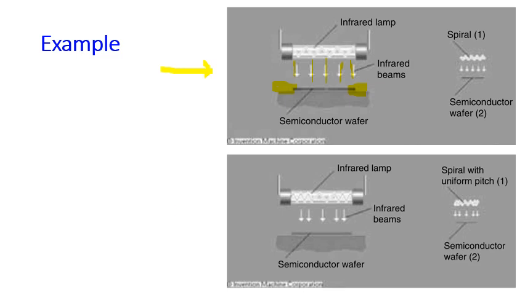So now we alter the field, we alter how this infrared lamp produces the beams, such that now we have more beams that go to the edges of this wafer, such that it cools down faster, but it's compensated by more beams going to that part. So now the quality of the wafer becomes more uniform.